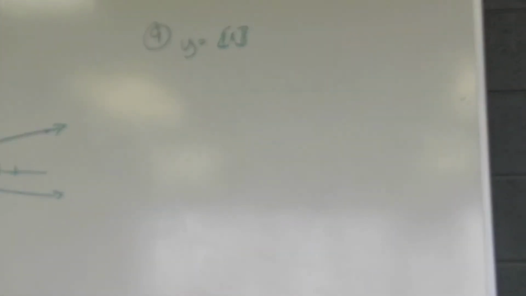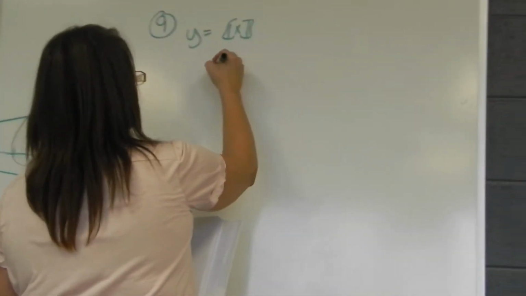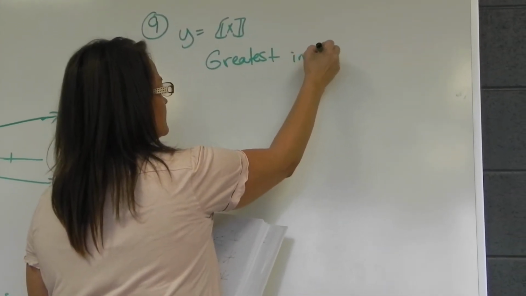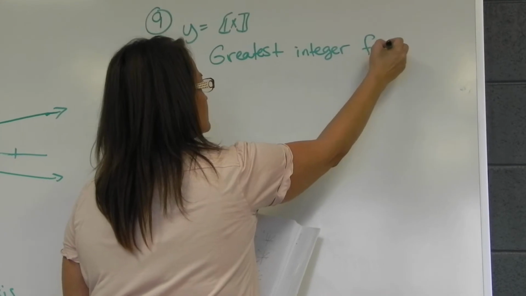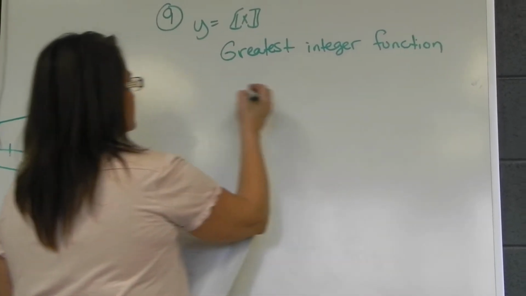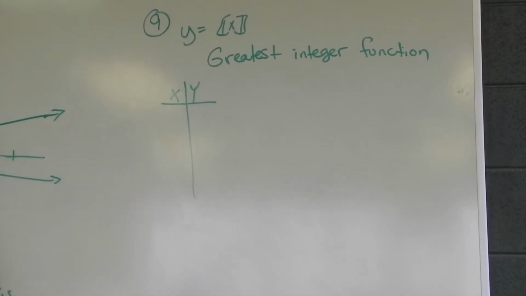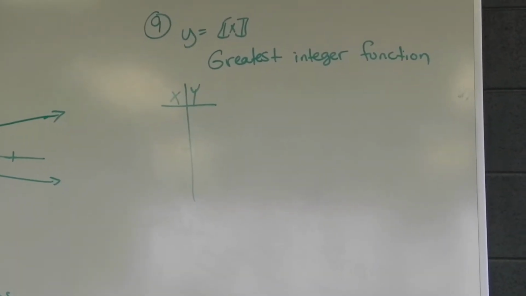Number 9 is called the greatest integer function. I'll write that down. You may have not used this notation in a different class before, so let me explain what this is.